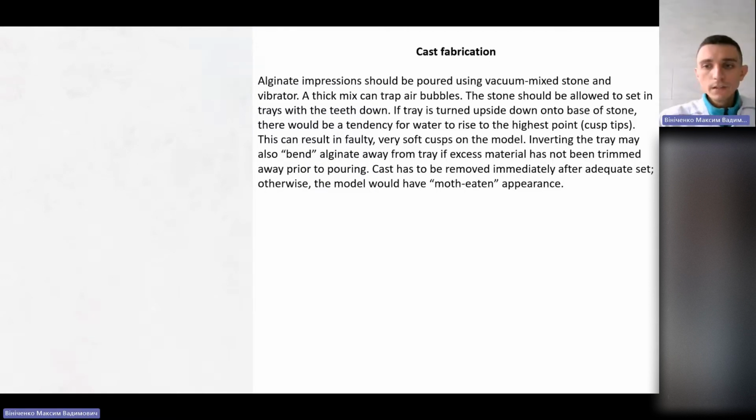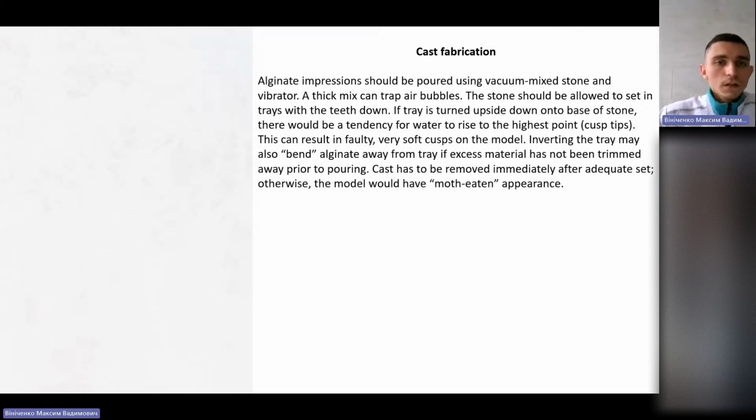It is all made at one time, so you make the gypsum of the 4th class, you put it into your impression, and then you make gypsum of the 3rd class and you put it. Because if you make this in a few separate steps, there would be no contact between the gypsum of the 4th class and the 3rd class.